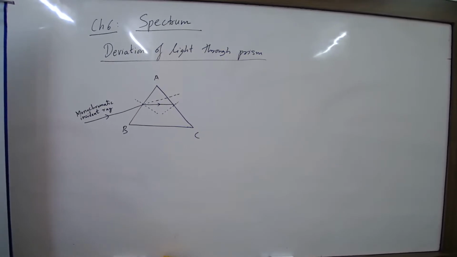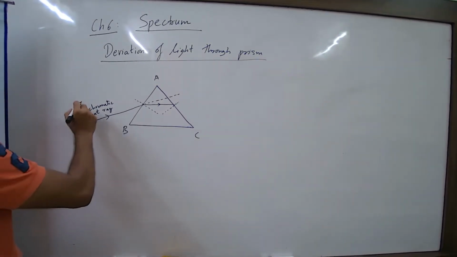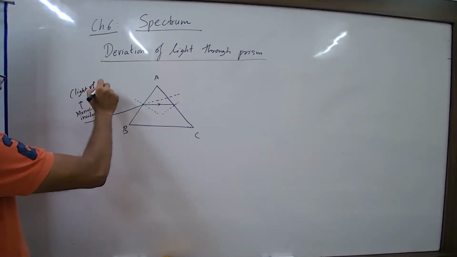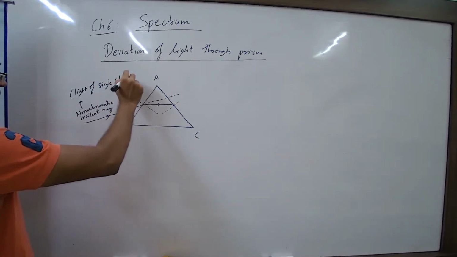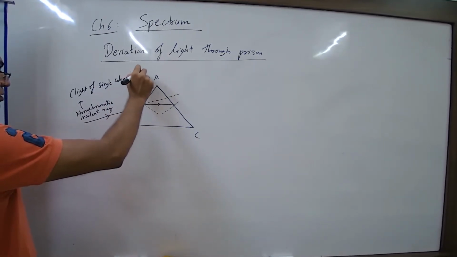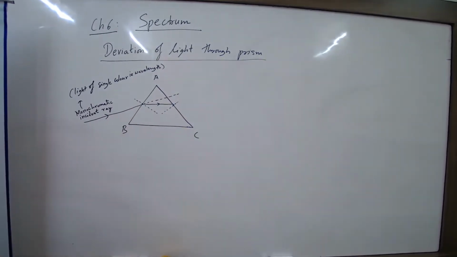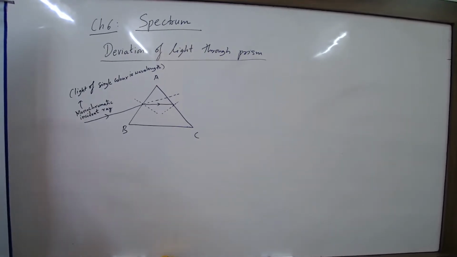Chroma means color. Okay? So light of single color. Color is represented by wavelength. Okay? What governs the color of light? Its wavelength. Right?